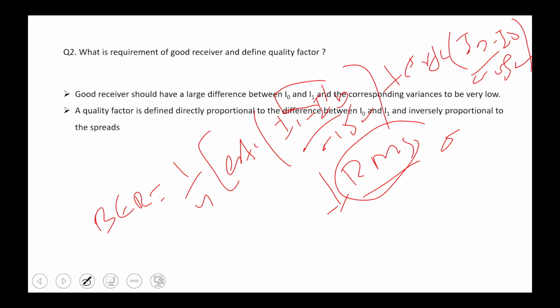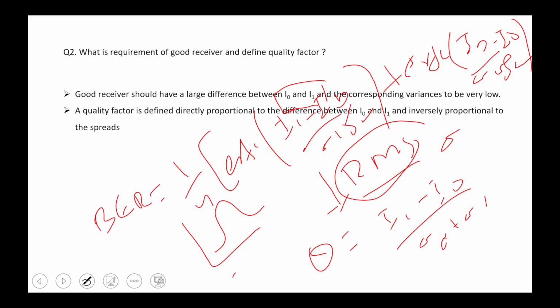Okay. So in this we have the quality factor. We have mentioned that the I1 minus I0 difference upon sigma 0 plus sigma 1 is the variance spreading. Like that we have the Gaussian pulse, e to the power minus x squared upon root sigma, and sigma 1 we have to define like that.